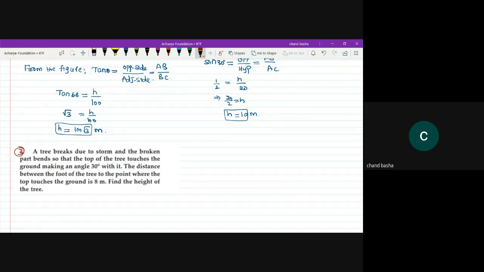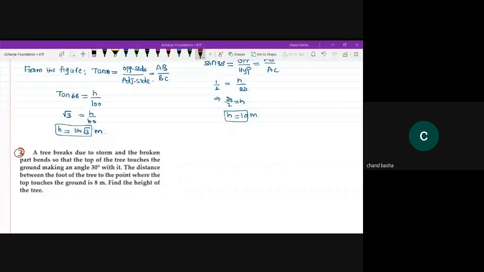This is a logical question. You can take an approximate figure, then only you can understand.